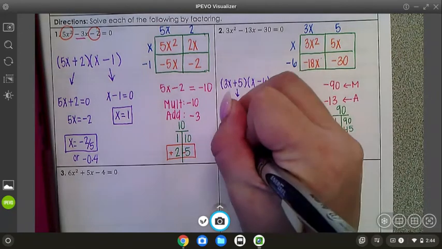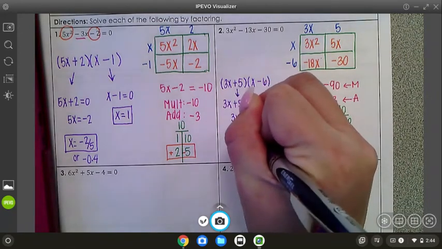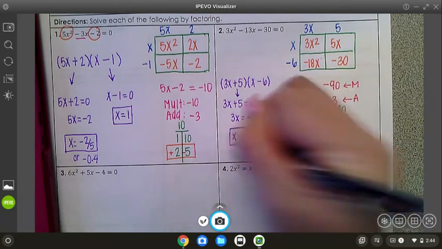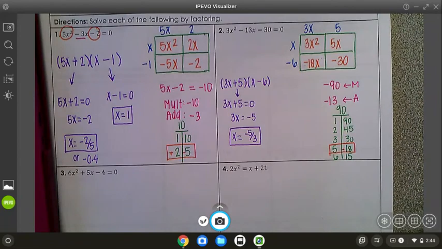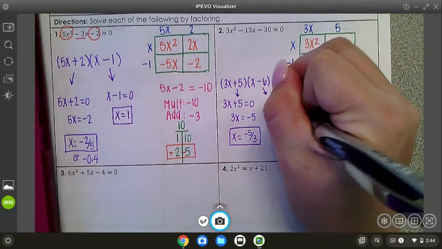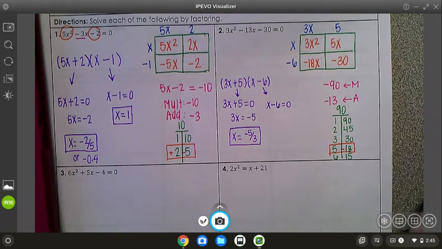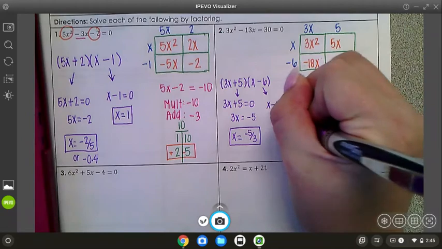And then we divide by 3. X equals negative 5 over 3. And then x minus 6 equals 0. If we add 6, we get x equals 6.